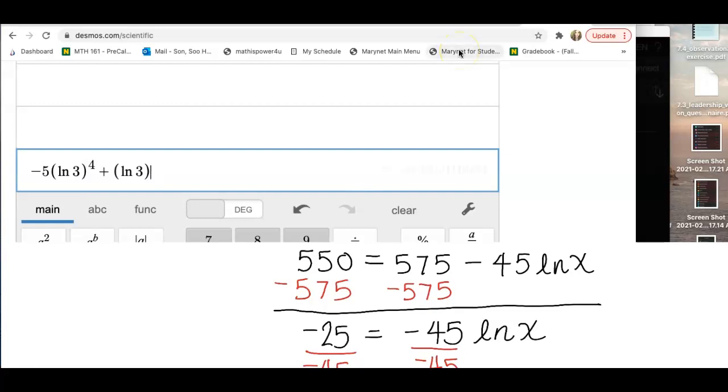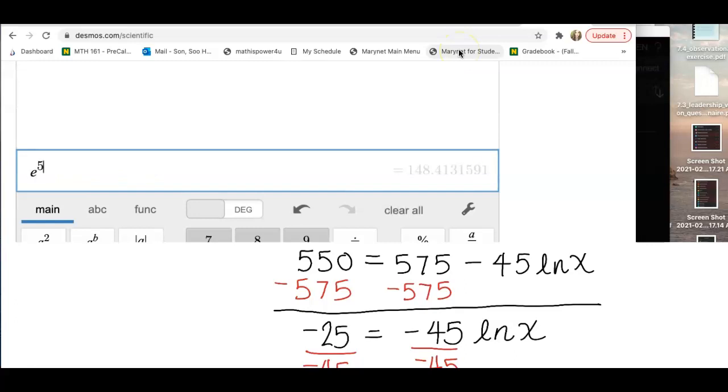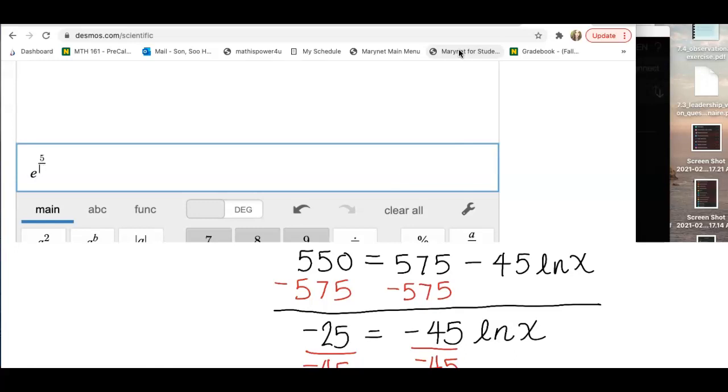Let me retype this. e raised to the 5 over 9 is approximately 1.7429.